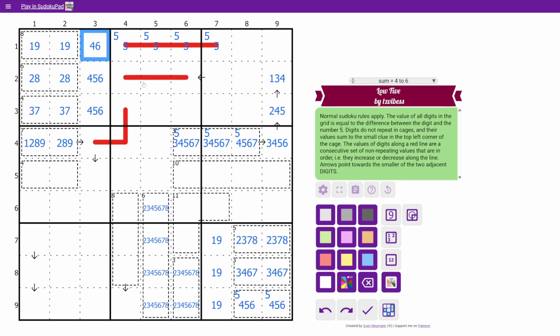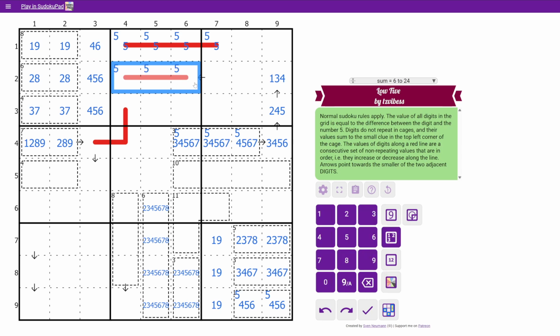Oh, what about this one? We have no values of 3 left. Right. So we need values. We need another 5 on that one.